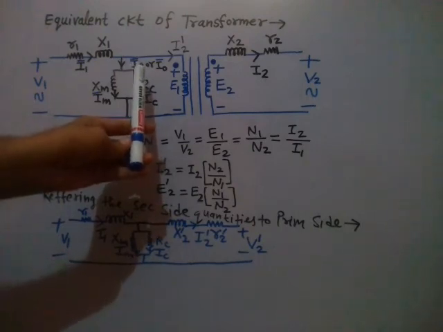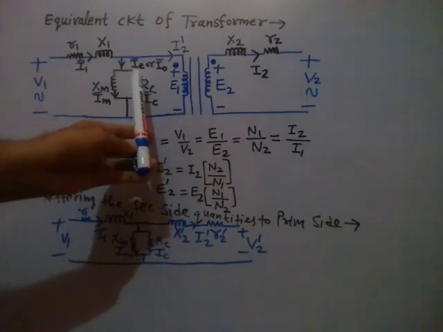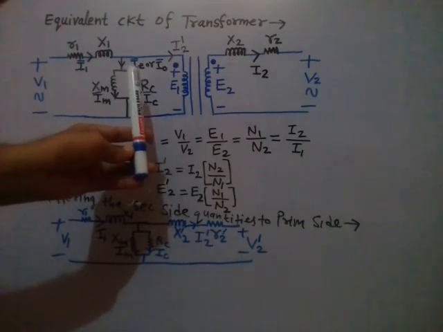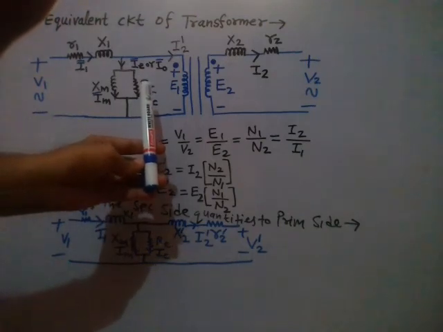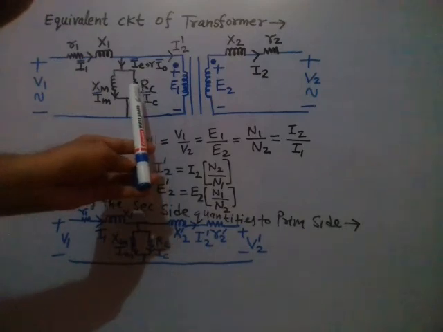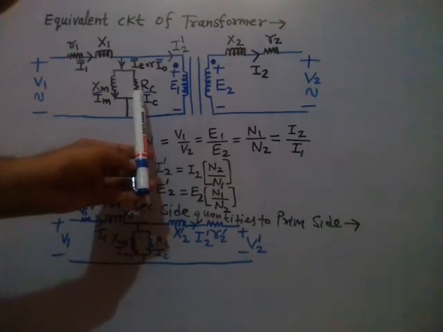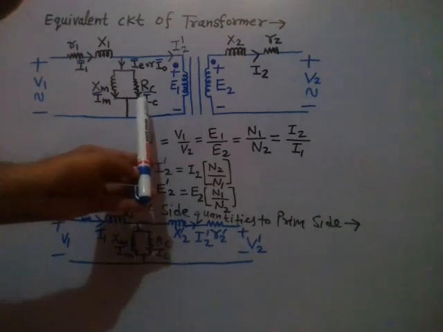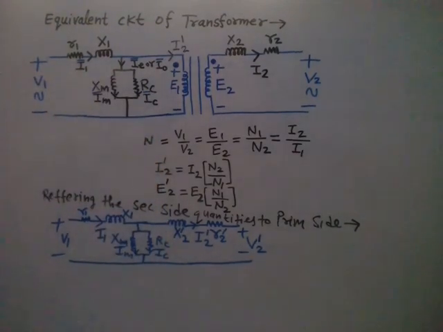This excitation current Ie will lag approximately by 90 degrees from minus E1, right?